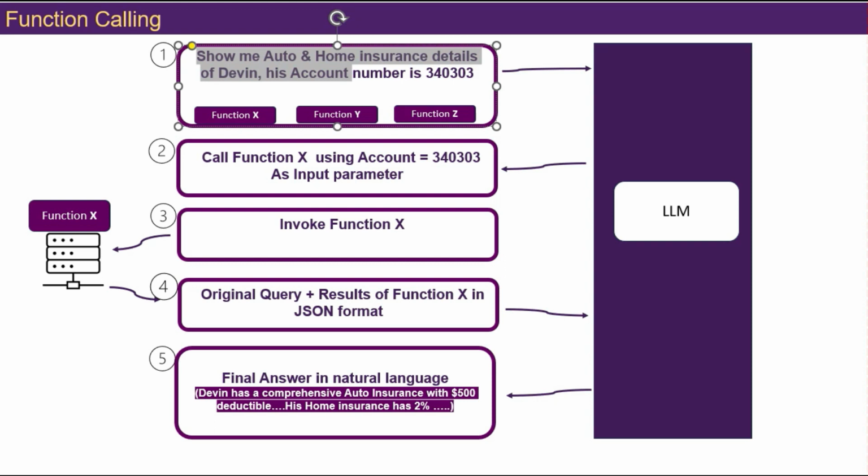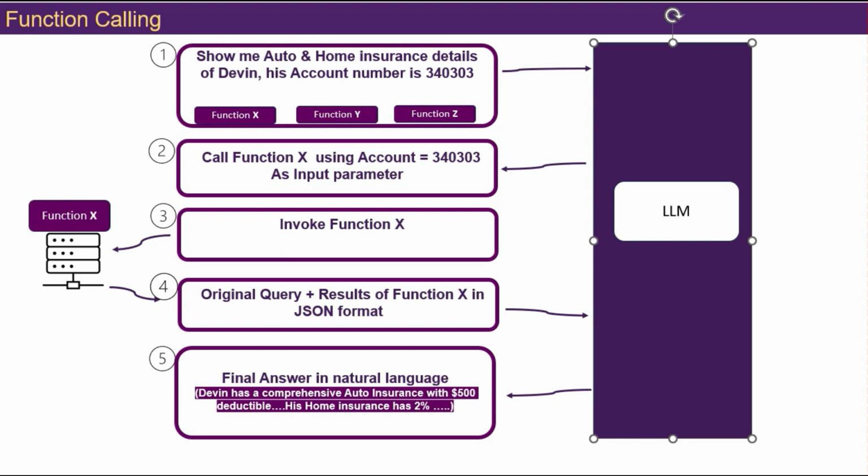Here are the results. So now the large language model has the query, the function, and the results of the function. It will inspect all that and present it back as a final answer in a natural language, human readable format. So that's at a high level how function calling works.